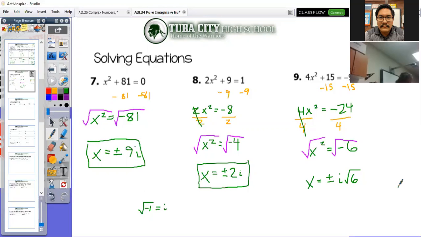Because the only two factors I can use to make 6 are 2 and 3, which neither of those are square numbers, so we cannot take it out. And that's about as simple as we can get it. So that's going to have to be our answer this time around.